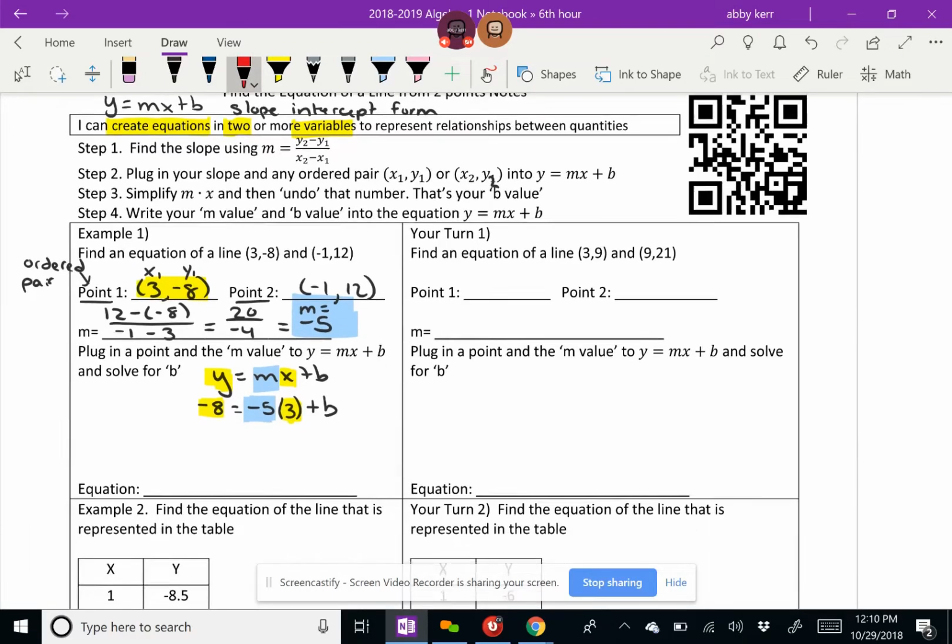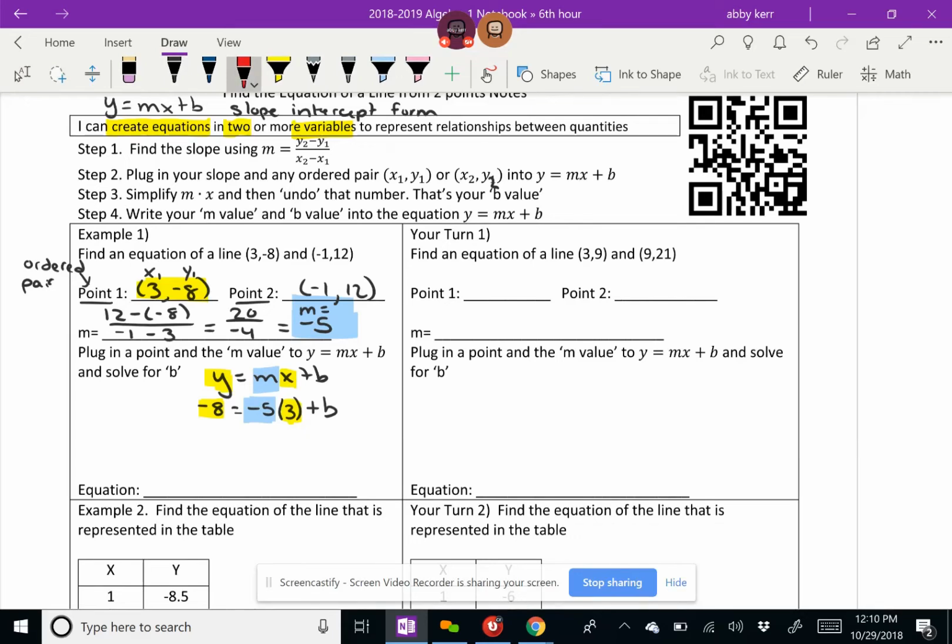Now it says simplify m times x. In this case, it's negative 15. Now, if I gave you this problem for bell work, you would add 15 to both sides. And then you would get negative 8 plus 15 is a positive 7. So that's your b value.